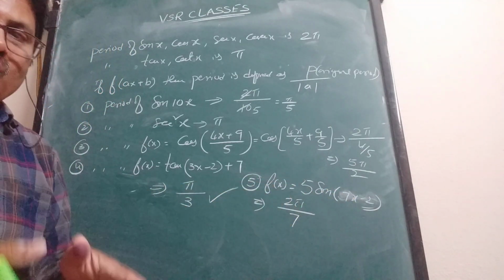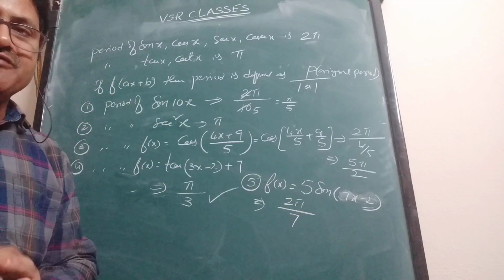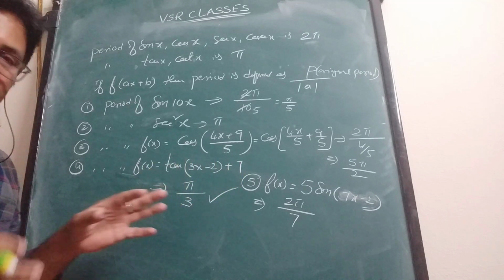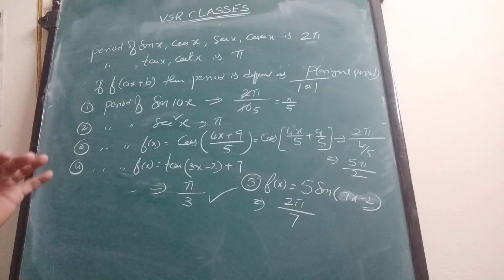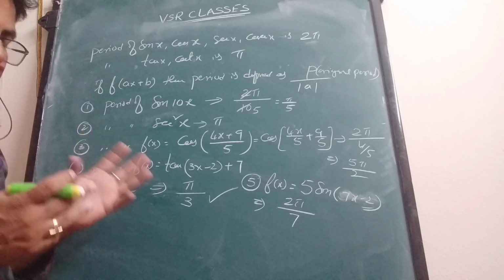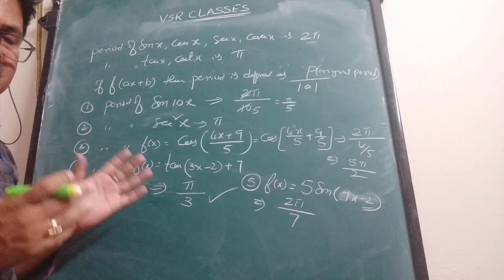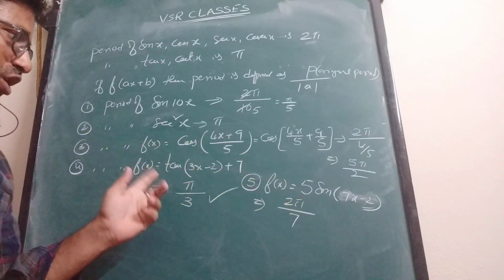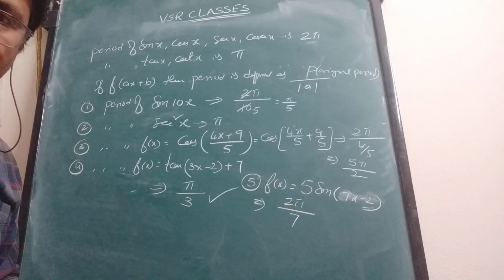This 5 is not involved in the period, and here the plus 7 constant is also not involved. So what do you understand by this? Periods depend on the angles only, not on the beside constants or coefficients.